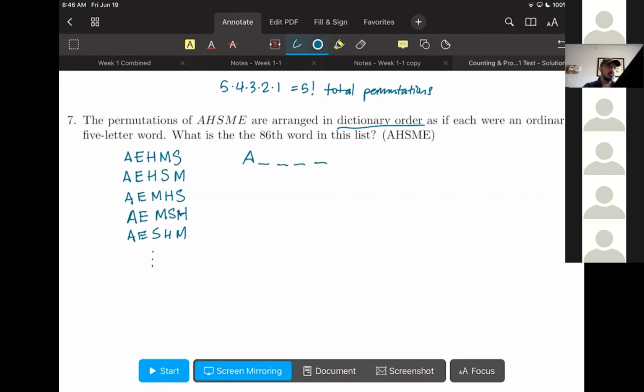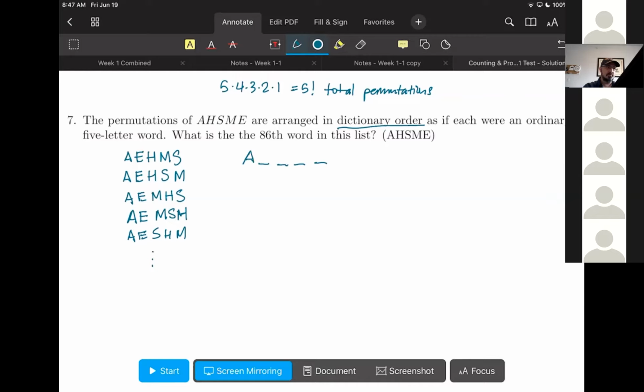Does anyone have the answer for this? Is it 4 factorial? Yeah. Can you explain why? Because then there will only be 4 letters left.